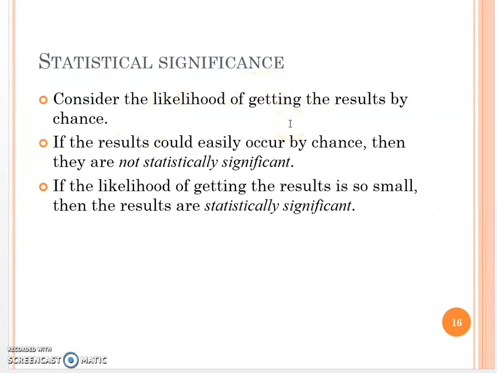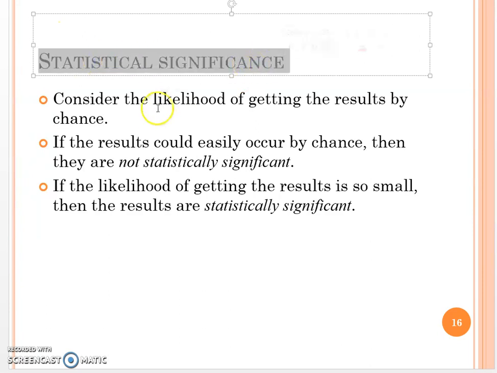So here we would like to talk about statistical significance. What is the statistical significance? So basically, we are trying to see if the event or result is easily occurred. Okay, so consider the likelihood of getting the results by chance. If the results could easily occur, then they're not statistically significant.